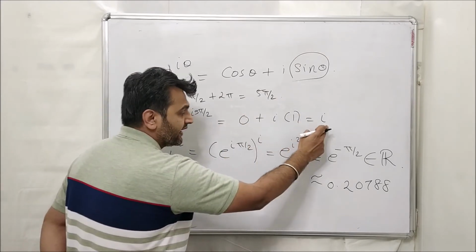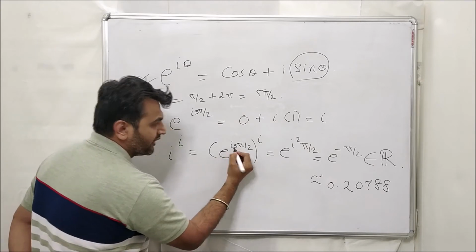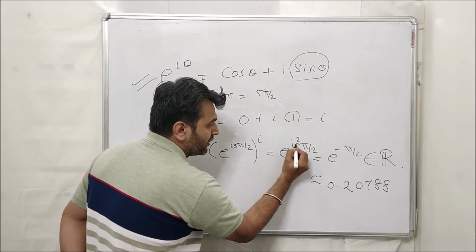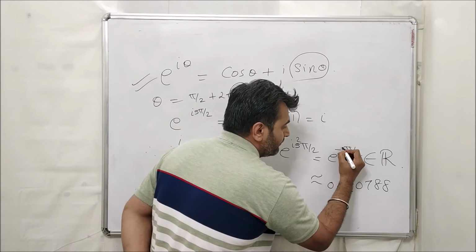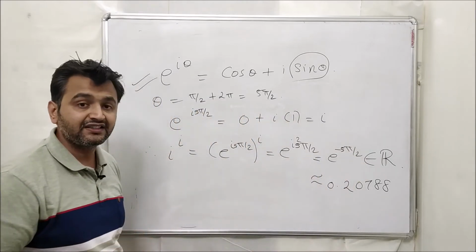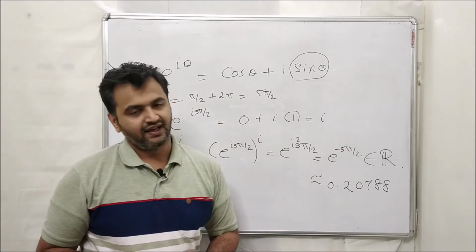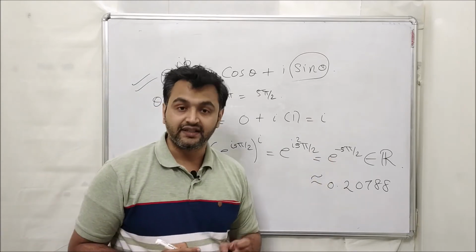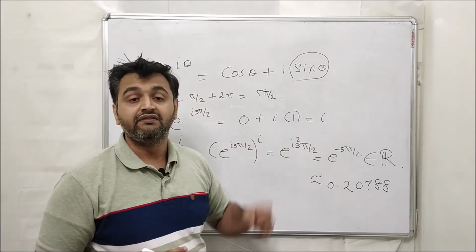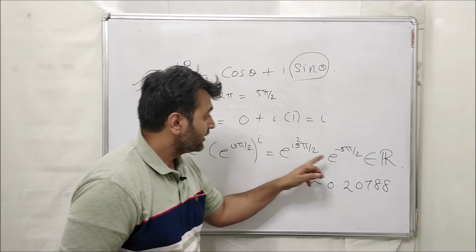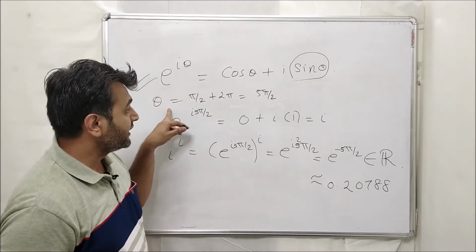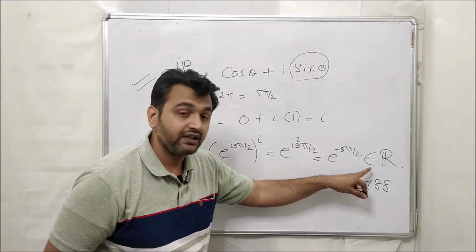So this is nothing but i. So if I do the same thing over here, I have 5 pi by 2 here also, and you ask me whether this is correct. The answer is yes, this is also correct because of this multi-valued function. So even if you take theta equal to 5 pi by 2, you get a real number.